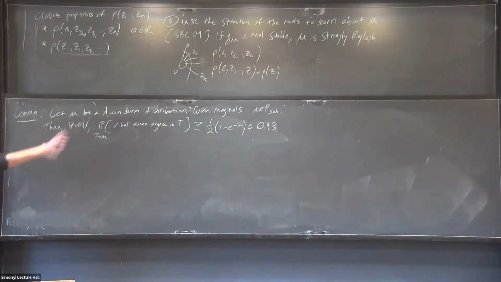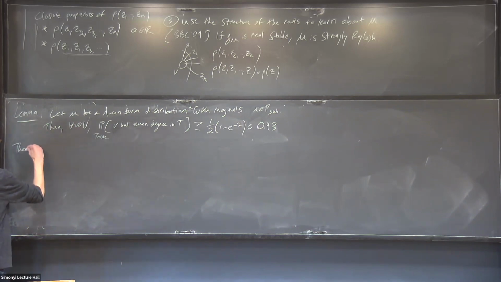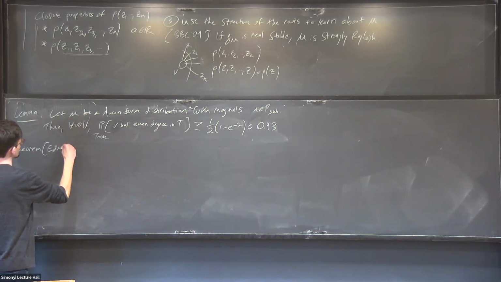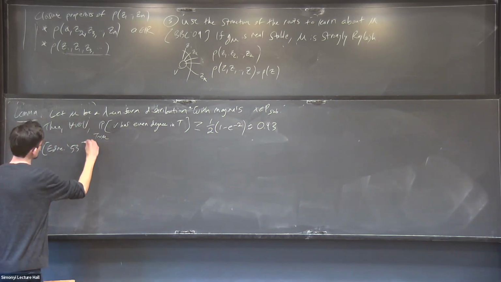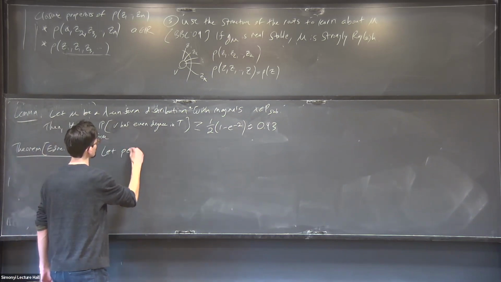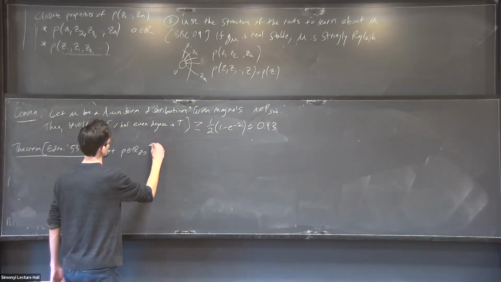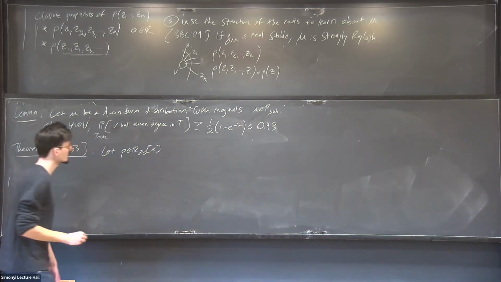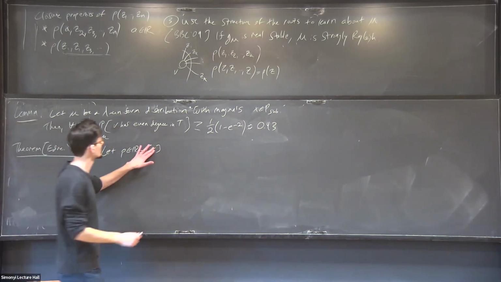Good. So now we have this real stable polynomial telling us about the degree of this vertex. Now we're going to use a theorem of Aissen, Edrei from '53, which is: let P be a polynomial with real positive coefficients, P of z.